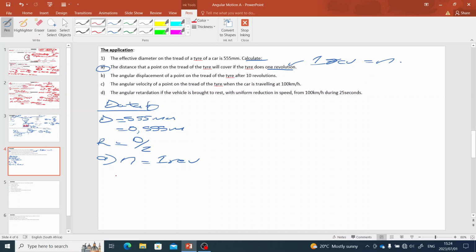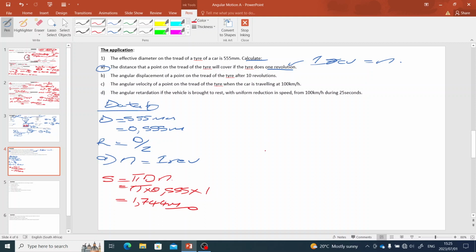Now it will be S equals pi dn. It is pi multiplied by 0.555 multiplied by 1. Then our answer is 1,744 meters.